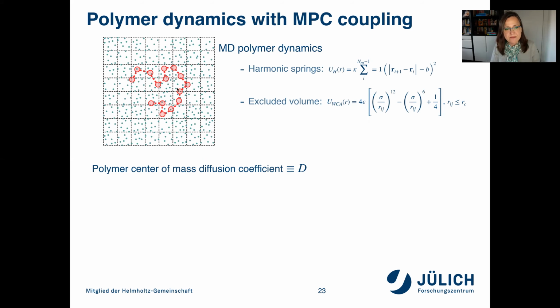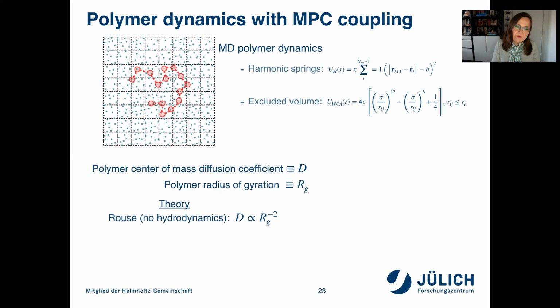So if we study the polymer center of mass diffusion coefficient as a function of the length of the polymer, it is well known by theory that if you don't include hydrodynamics, with this Gaussian chains model, what you expect is that the diffusion coefficient decreases with the inverse of the square of the radius of gyration.